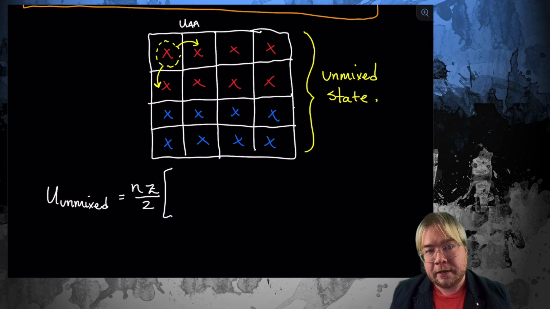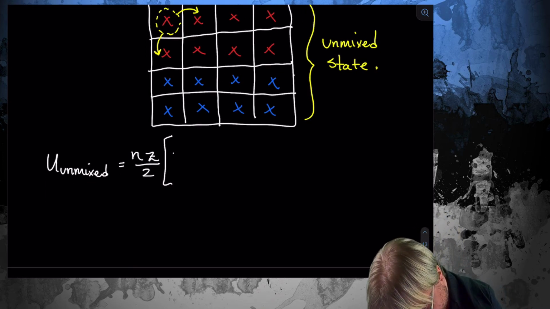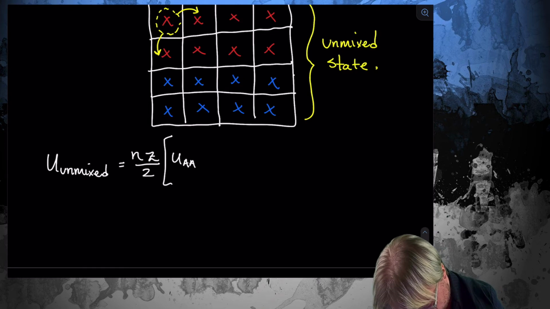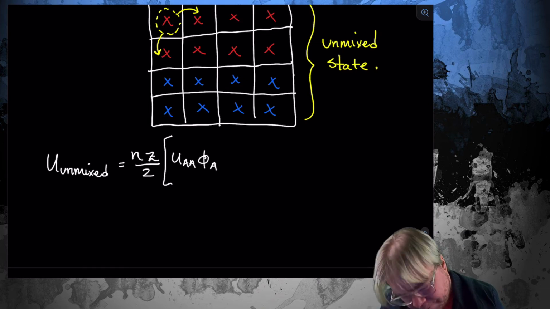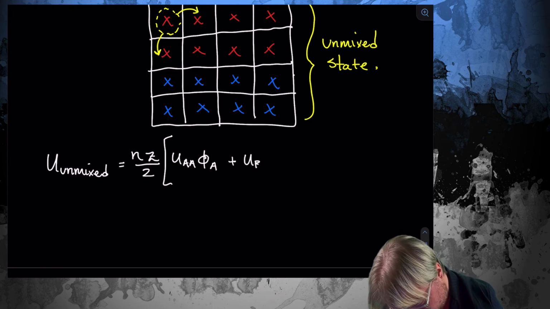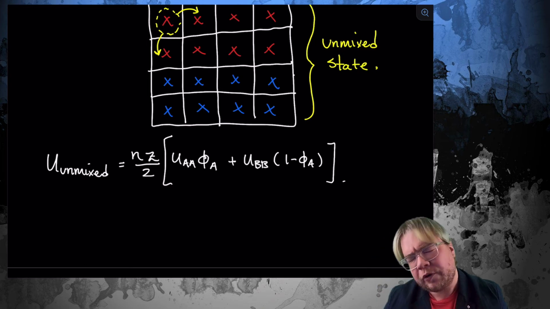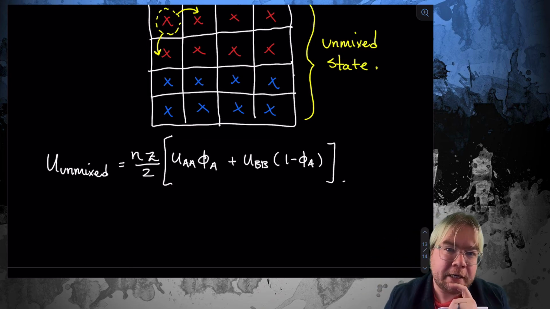So UAB is not going to come into our equations because there are no B particles that the A particles will interact with. So this will be multiplied by UAA, and then we need the total number of A sites in the lattice. So this will be multiplied by phi A. And then if we want the B particles, then we'll have UBB multiplied by phi B. And that will give me the interaction energy in the unmixed state.